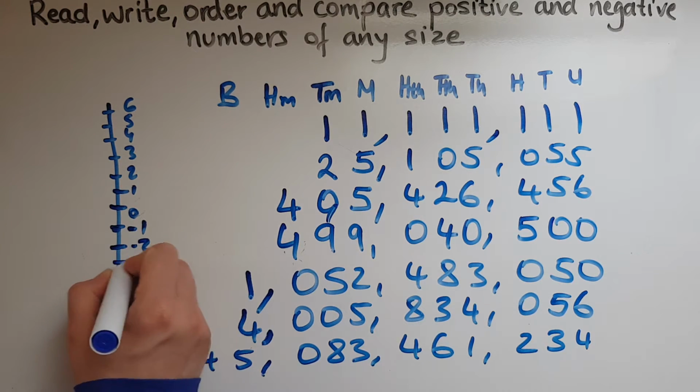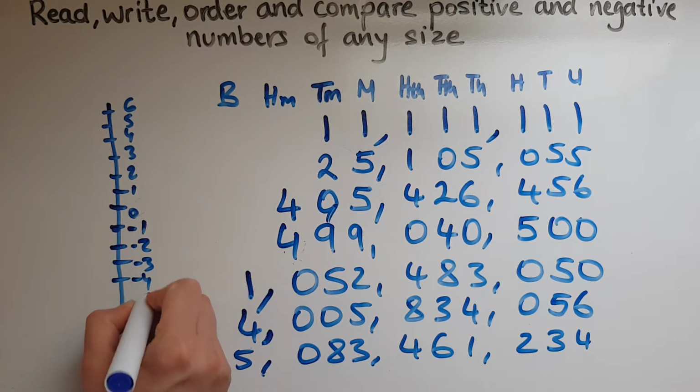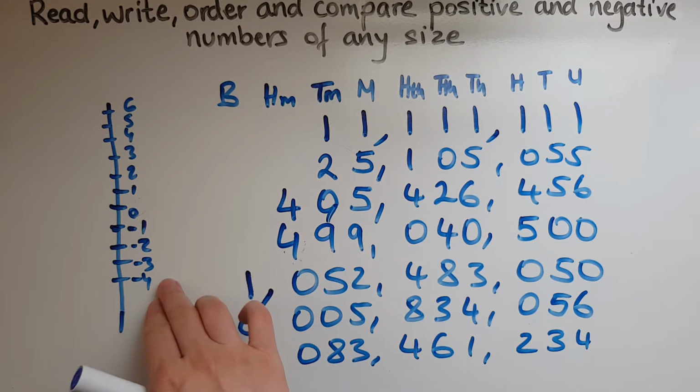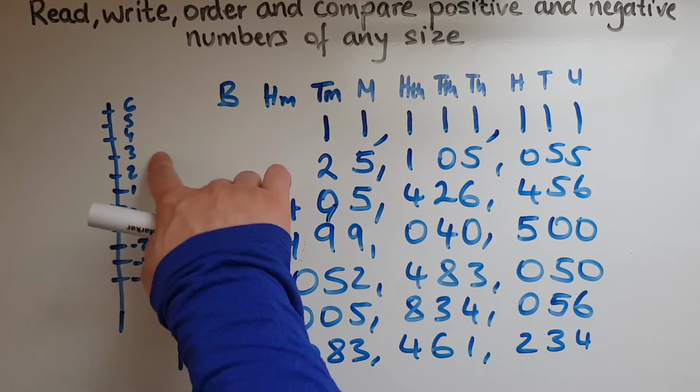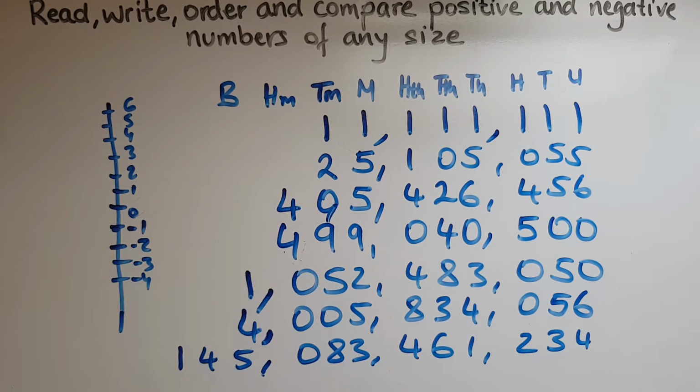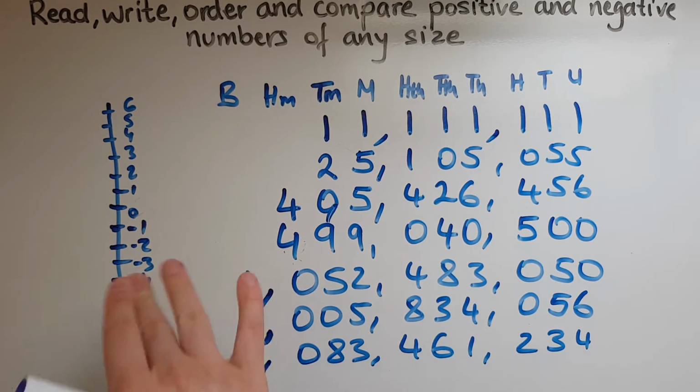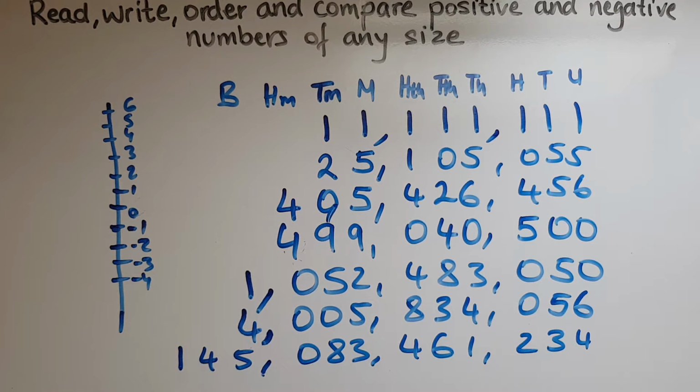So -2 and -3, -4. So it'd be much colder when the temperature is -4 than when it is actually 3 degrees or 0 degrees. So with a minus in front, the numbers will get smaller.